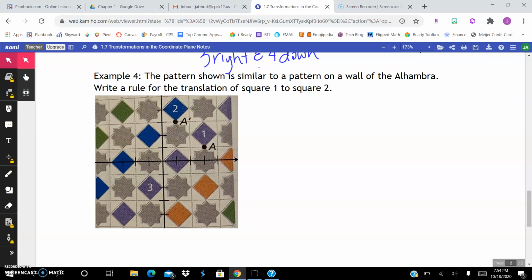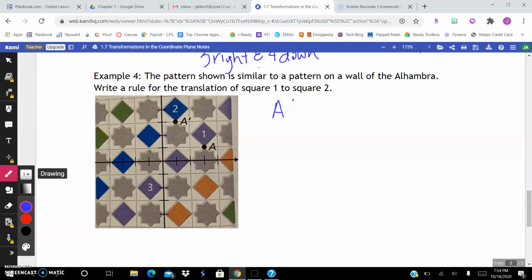So what we're going to do is write the point for point A, our starting point. So A looks like it's at over 3, up 1. And A prime, the ordered pair, looks like it's at 1 and up 3.